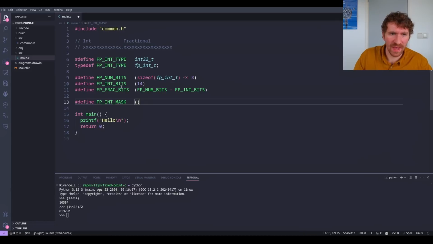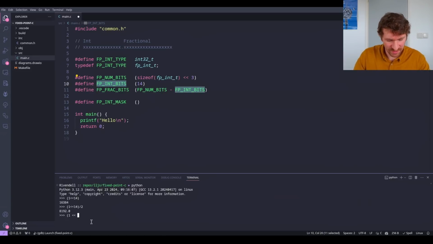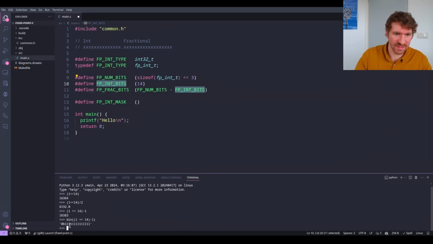So how will we do that? Well, basically, to make a mask, you take 1, shift it up by the number of bits that are interesting for you, so we've got 14 integer bits, and then you subtract 1. If we look at that in binary, that gives us this, right? That's going to be these 14 integer bits. But we actually need 14 integer bits on top, and then 18 fractional bits on the bottom.